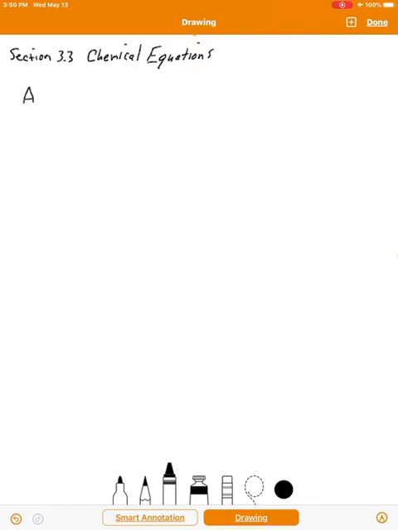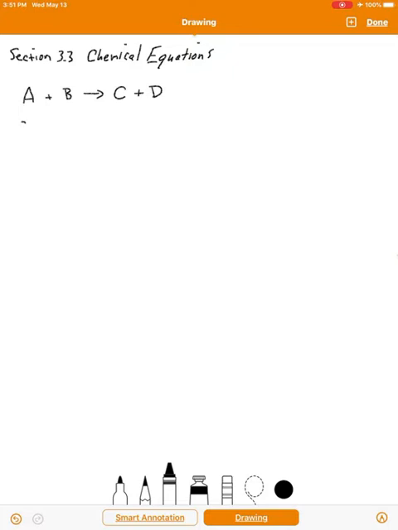You'll see this sometimes. A plus B goes to C plus D. So that's a generic form of a chemical equation telling you that there are 2 reactants, reactant A, reactant B. They're combining with each other to form 2 separate products, 2 different chemical substances, C and then also D. Okay?